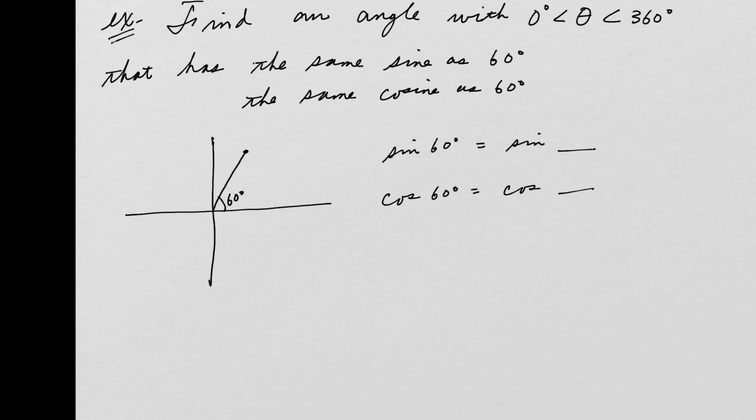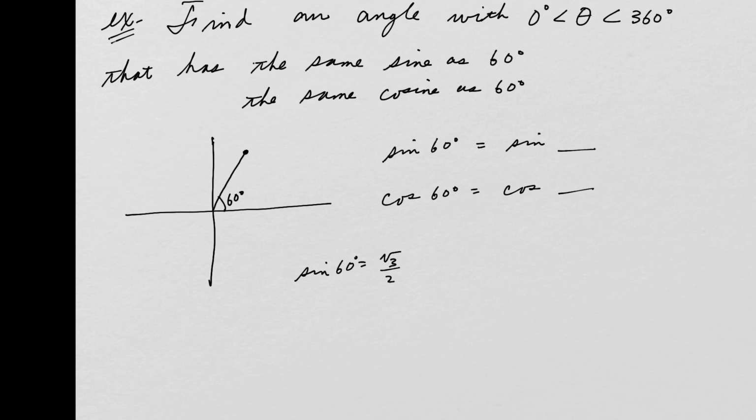Well, remember, the sine of 60 is going to be equal to radical 3 over 2. So in this case, we know that the sine of 60 is positive radical 3 over 2.